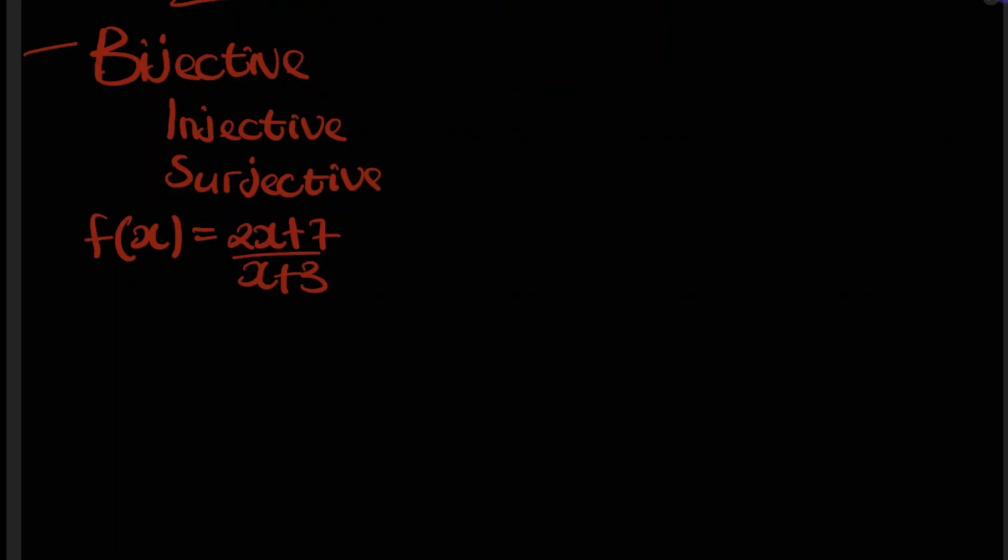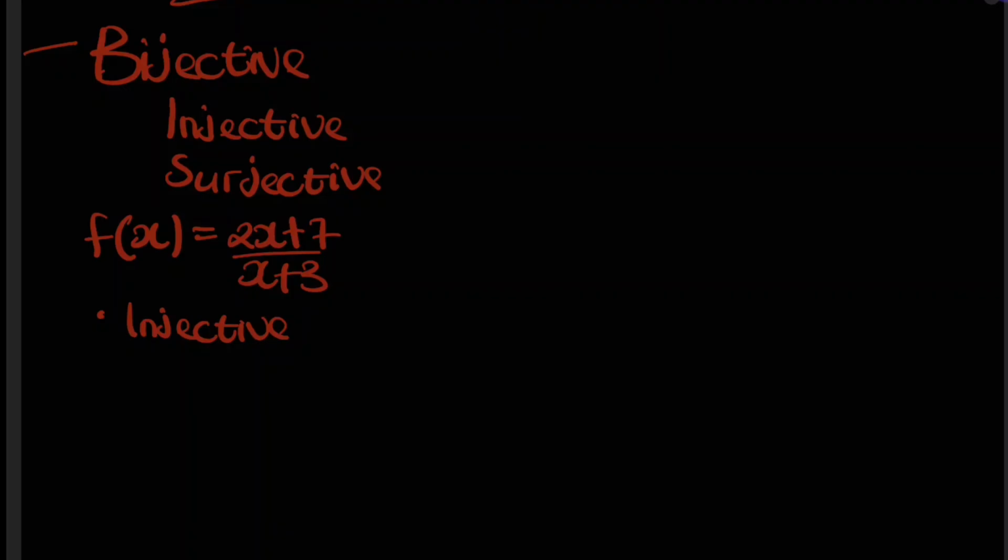Okay, so first we test for injectivity. We need to test whether it is injective. Note, if you test for injectivity and it is not injective, then you can conclude at once that it is not bijective, because for bijectivity it has to be both injective and surjective.